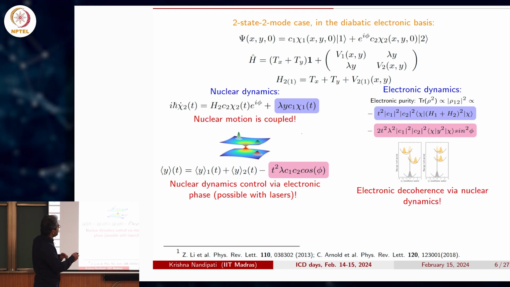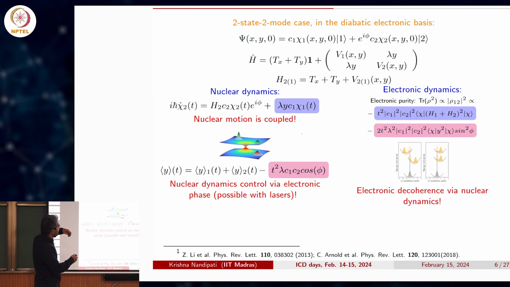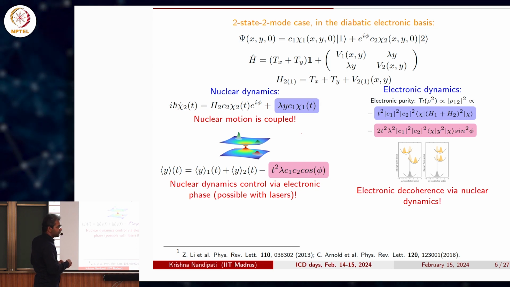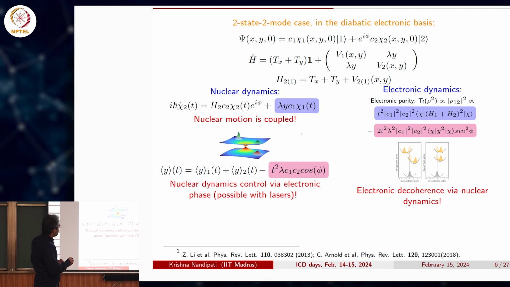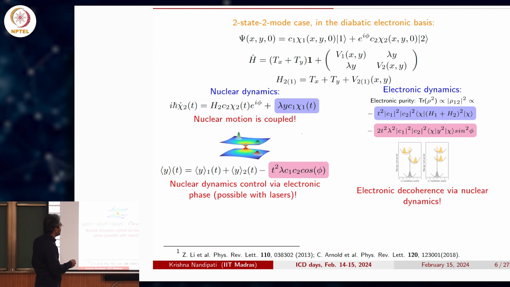So the diabatic Hamiltonian, which I mentioned, has the kinetic energy part, the potential energies and the couplings. So the nuclear component on one potential energy surface sitting here, let's say, is coupled to the nuclear component that's sitting somewhere here, and the nuclear motion is coupled. That's trivial. That's what we have seen in the time dependent Schrodinger equation.